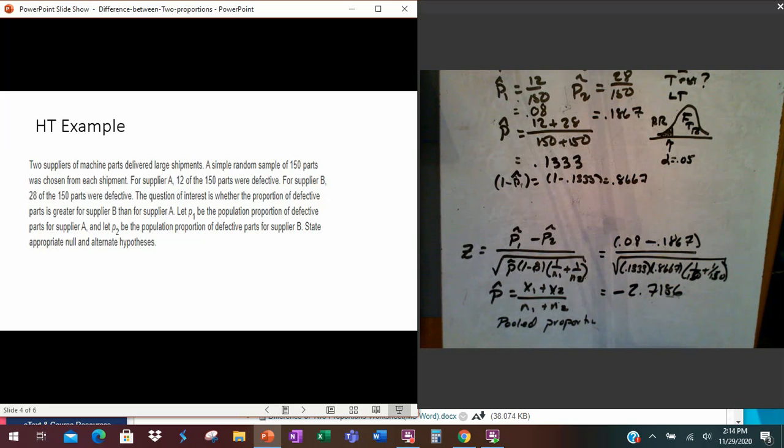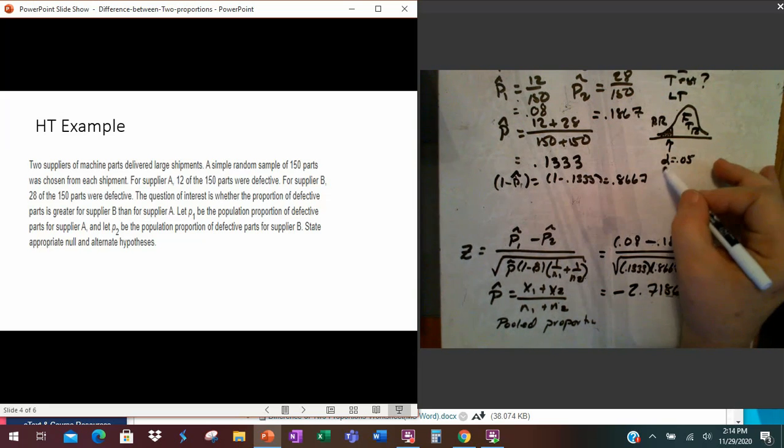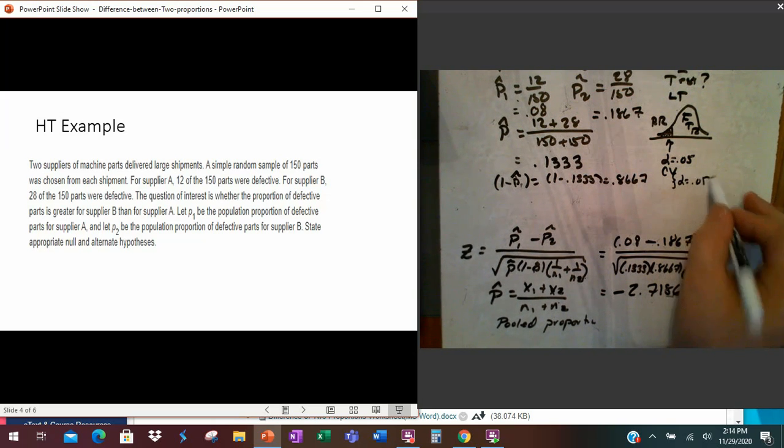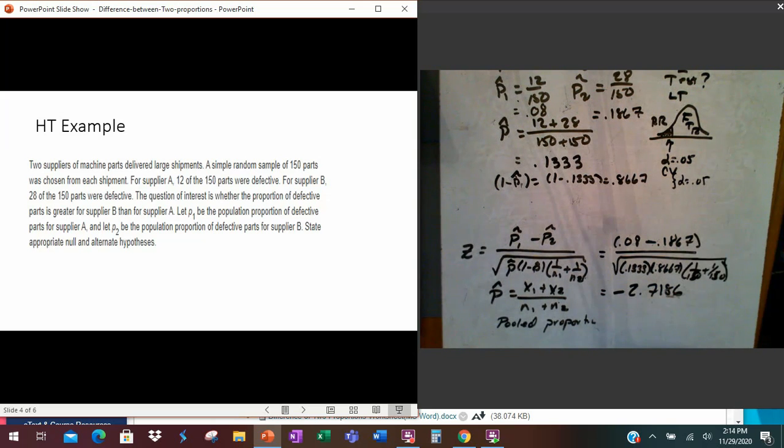Okay, so the only thing I need to do here is find the critical value for alpha equal to 0.05. To do this by regions, I'm going to go to my A.2. Or just let me go ahead and use my calculator.